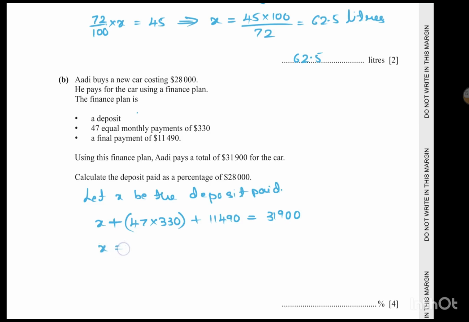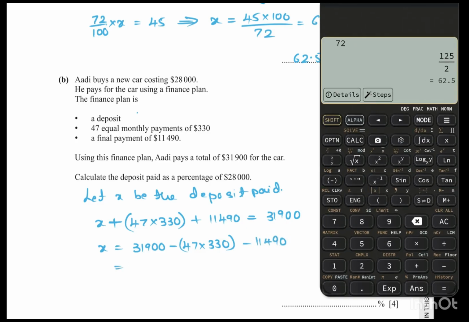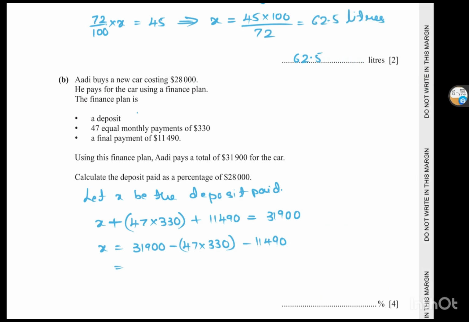So to get X, we will bring these two amounts onto the right hand side, so both will be subtracted. Put this equation in calculator, you'll get the answer for X, that is the amount deposited. So 31,900 minus 47 into 330 minus 11,490 will be 4,900. So this is the deposit paid.